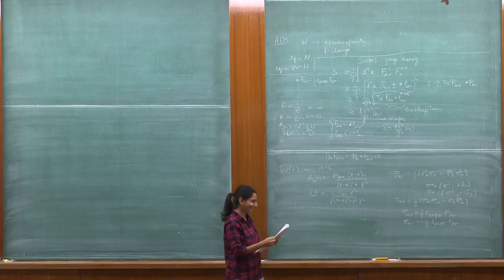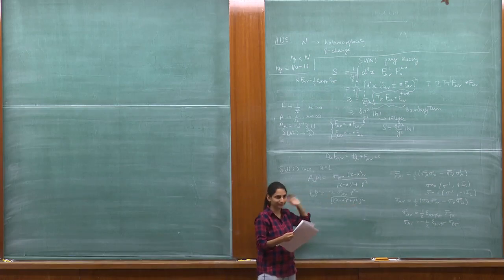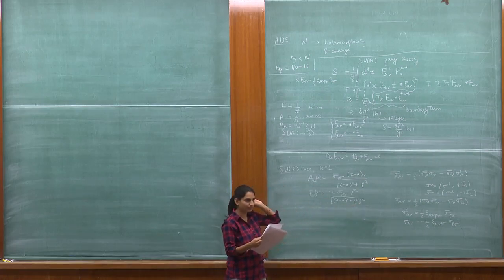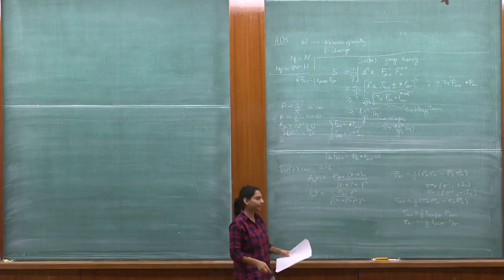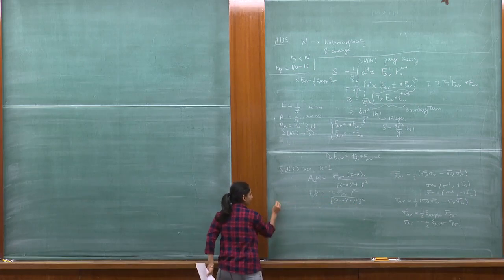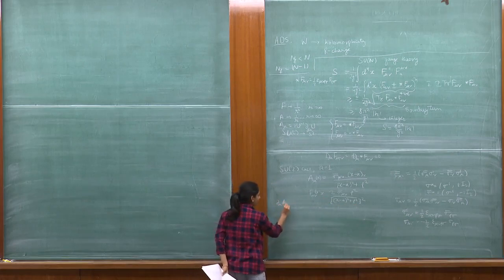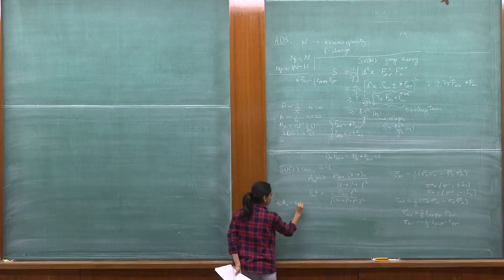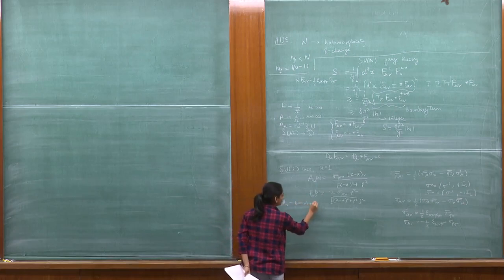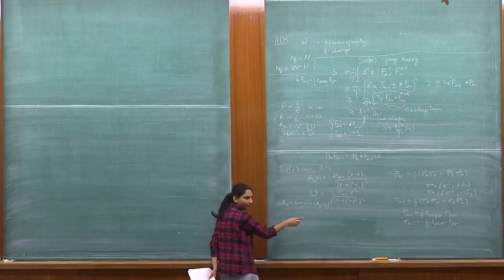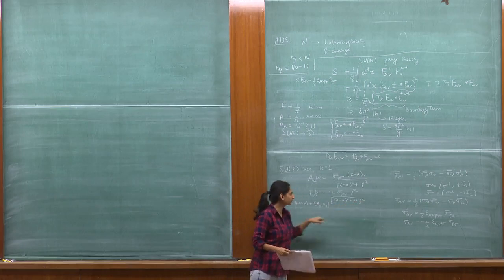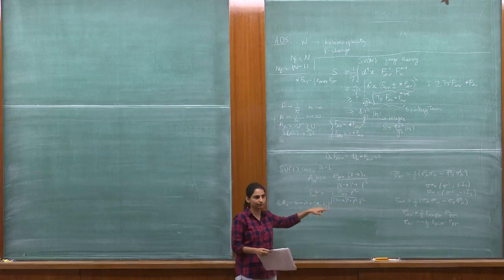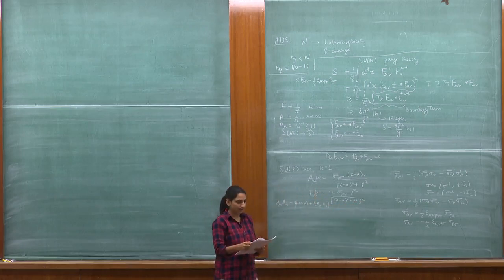Despite the fact that A goes like 1 over x, largely that 1 over x piece is pure gauge. F mu nu is del mu A nu minus del nu A mu plus A mu A nu. You have to compute this, and when you take derivatives you will find this happens.